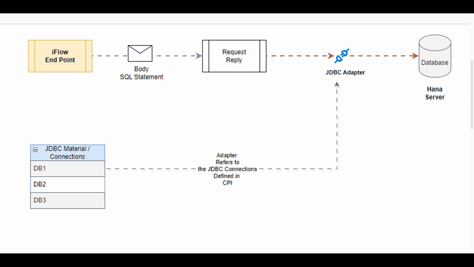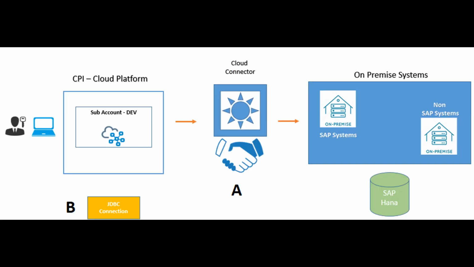Okay. In that sense, today we will see the basic setups required to do this: how we are going to write a stored procedure at the HANA level, and what connection setups we have to do at the cloud connector, because we are going to work on an on-premises HANA, and how we are going to set up a JDBC adapter connection at the Integration Suite level.